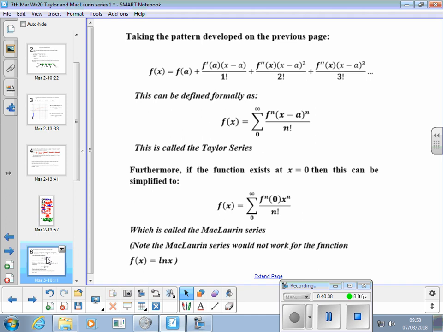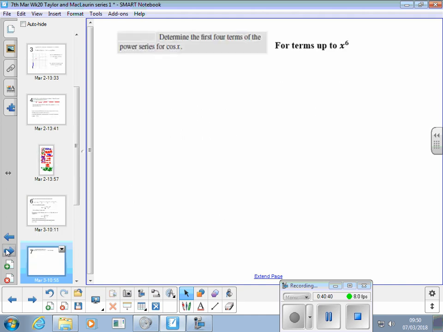Right, let's have a look at an example of using the series. What we're going to do is determine the terms up to x to the power of 6 for f of x is equal to cosine of x. So that's our function we're going to look at.